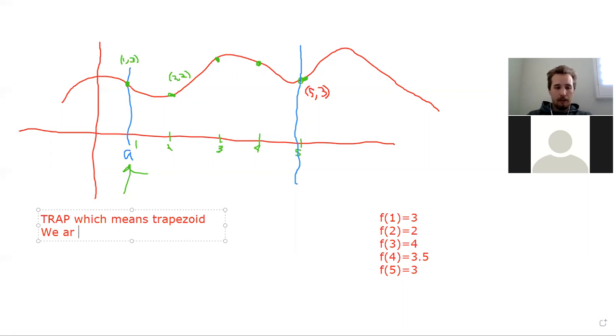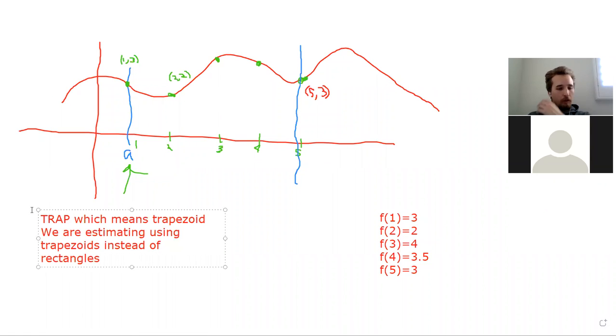We are estimating using trapezoids instead of rectangles. So we're going to do, again, 1 to 5 with 4 trapezoids.